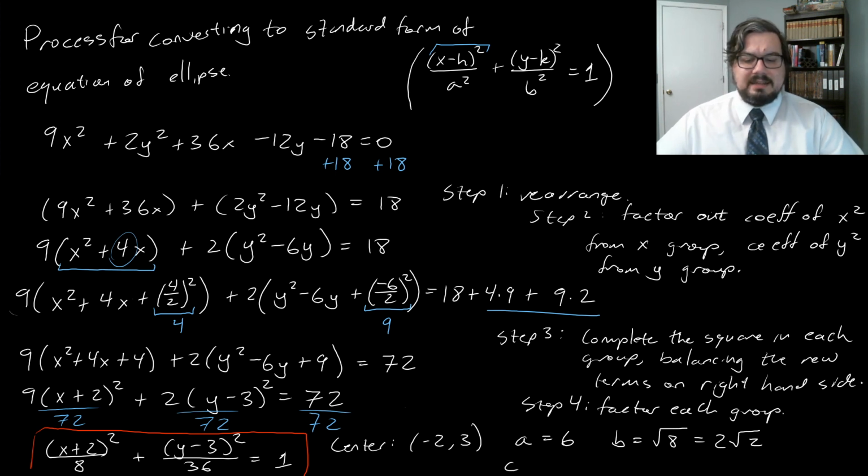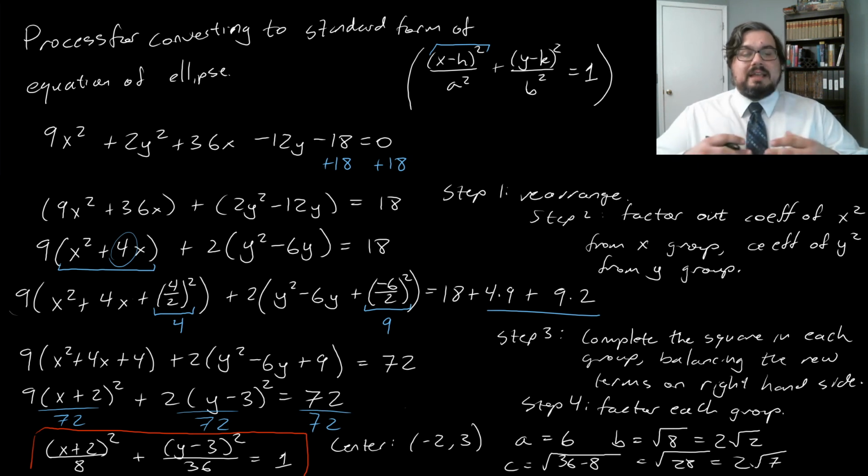And then C will be the square root of a squared minus b squared, which would be the square root of 28 in this case, which is 2 times the square root of 7, I should say. And so from there we can graph out the ellipse and get what we need there.